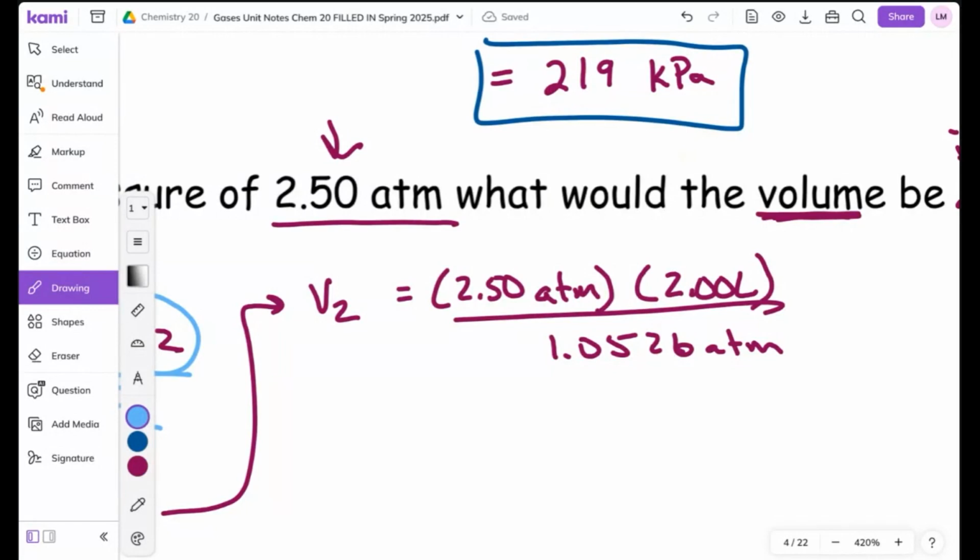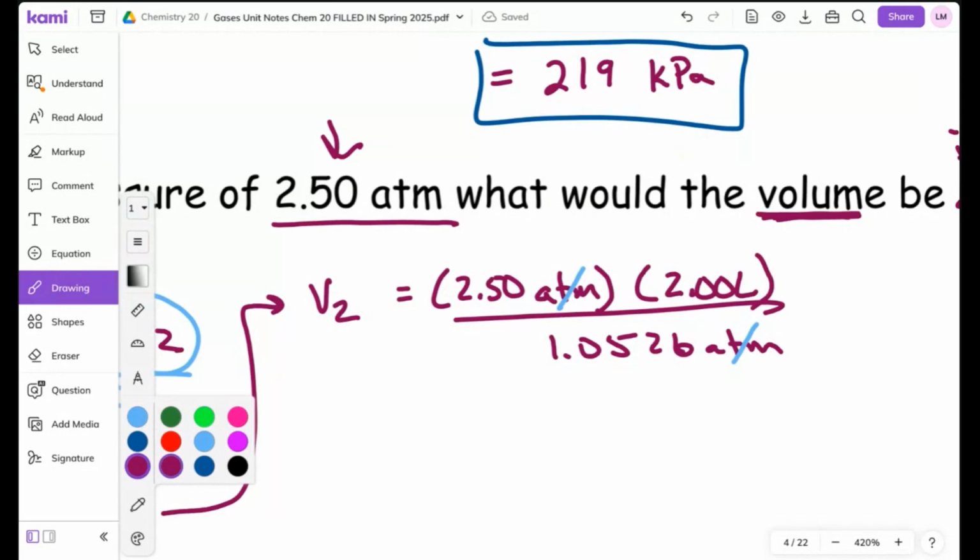However, the important part for Boyle's law is that both of your pressure values are in the same units and both of your volume units are the same. That's what really matters. With atmospheres on the top and the bottom, P1 and P2 had the same units, so we're all good on that.